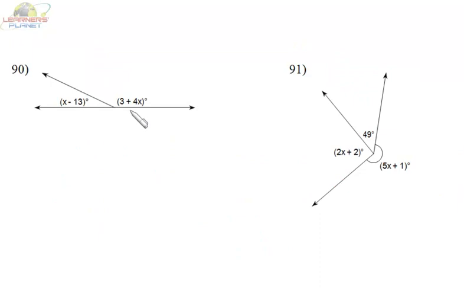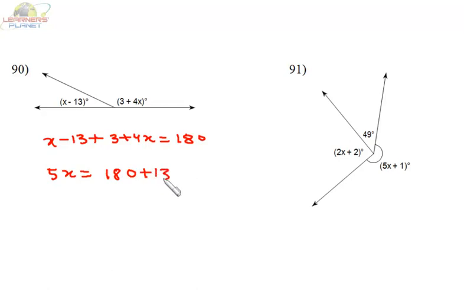Here we see both of them are forming a linear pair. So the sum of these two will be 180. So it's x minus 13 plus 3 plus 4x is equal to 180. 4x plus x is 5x is equal to 180 plus 13 minus 3.